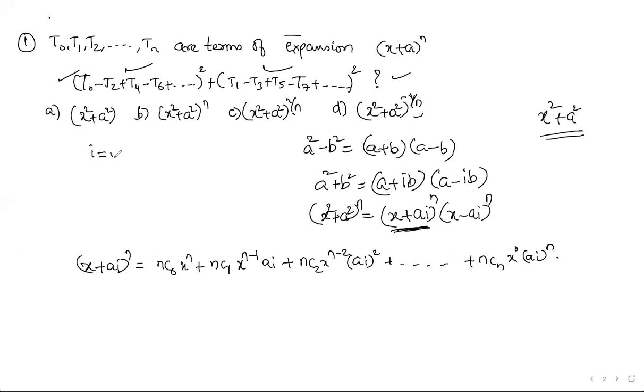You know, the value of i is root over minus 1. It's a basic imaginary number. So i^2 will be -1. i^3 will be i^2 into i, which is nothing but -i. i^4 will be +1. i^5 will be i^4 into i, which is nothing but i.